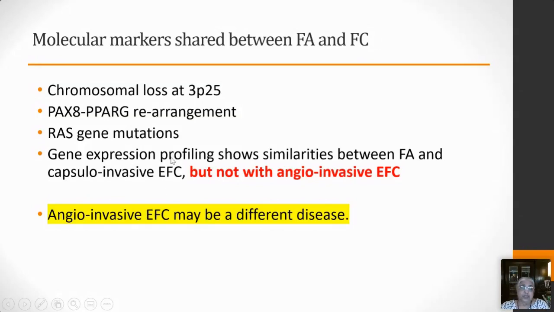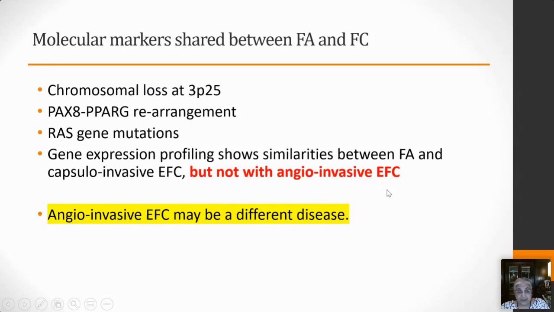But there was a gene expression profiling. This is when multiple genes were studied, that there is a difference between capsulo-invasive follicular carcinomas, minimally invasive follicular carcinomas, and those that are angio-invasive.